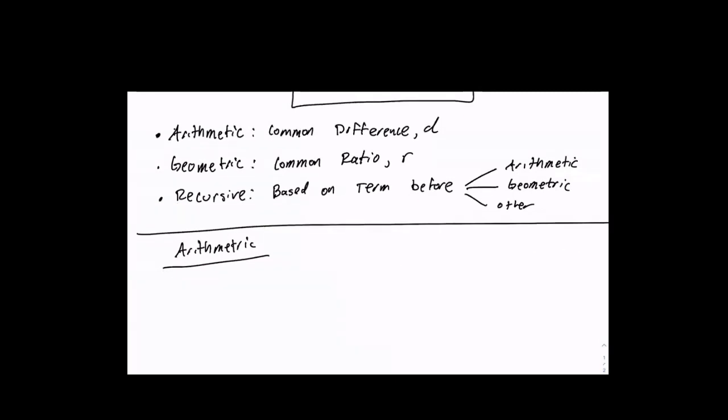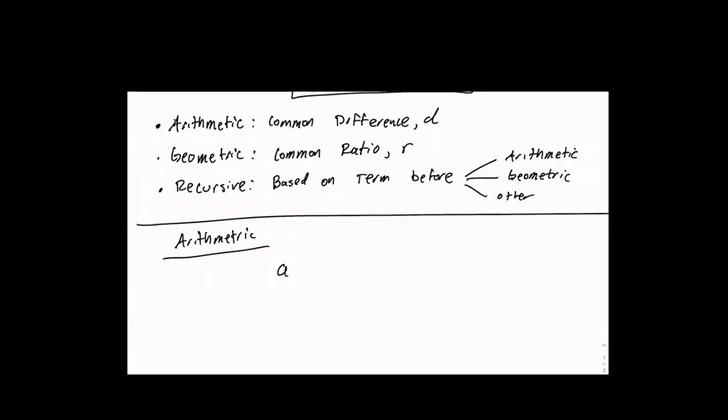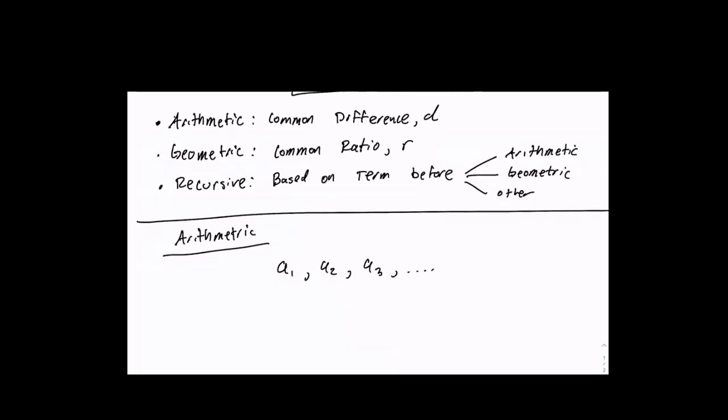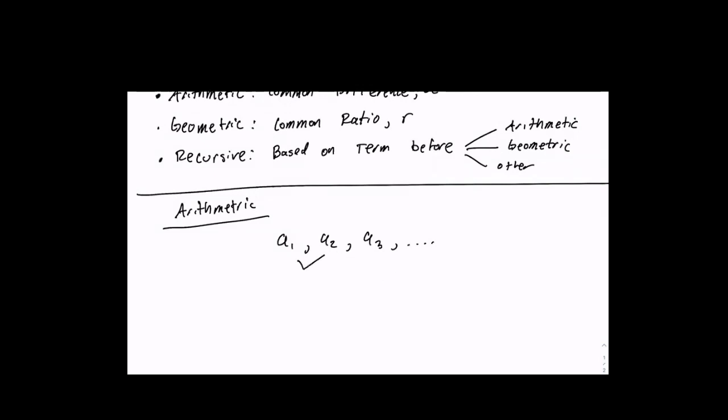hands-on piece. So when we talk about the terms A1, A2, A3, if we take A2 minus A1, we get some type of common difference. Actually, let me write one more, A4. If we take A3 minus A2, we would get some difference.